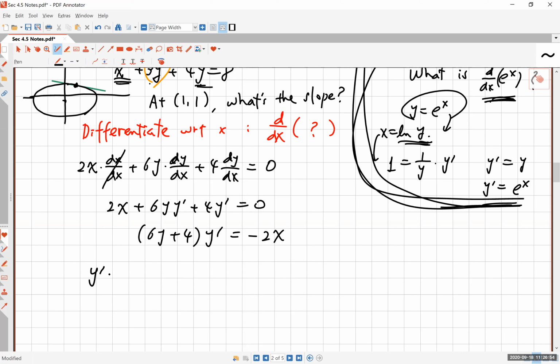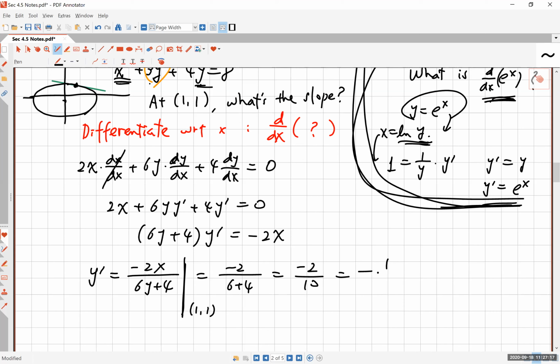So y prime at any given point can be written this way: 6y plus 4 in the denominator, negative 2x on the top. Let x be 1 and y be 1. Remember, my vertical line means I evaluate this at this point. This becomes negative 2 over 6 plus 4, which is negative 2 over 10. That's negative 1/5, which seems to be consistent with what we saw in the picture.